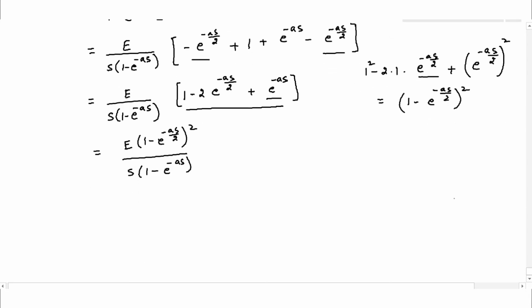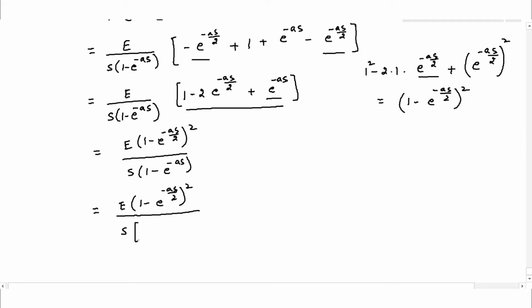So here also you have to get the standard expression. So to get the standard expression, I can rewrite this value to be equal to e times of 1 minus e power of minus as by 2 whole square you have. Because in the numerator you are having e power as by 2, in the denominator also you can try to get the same power.